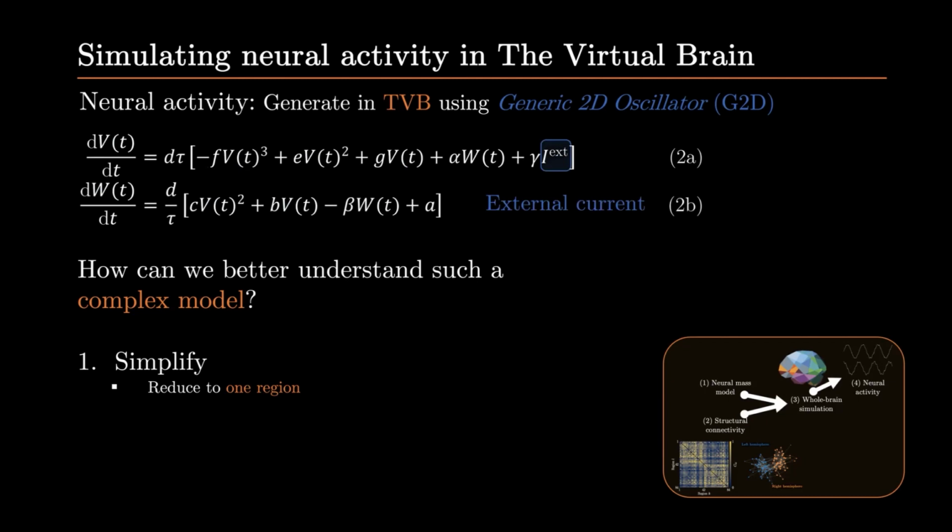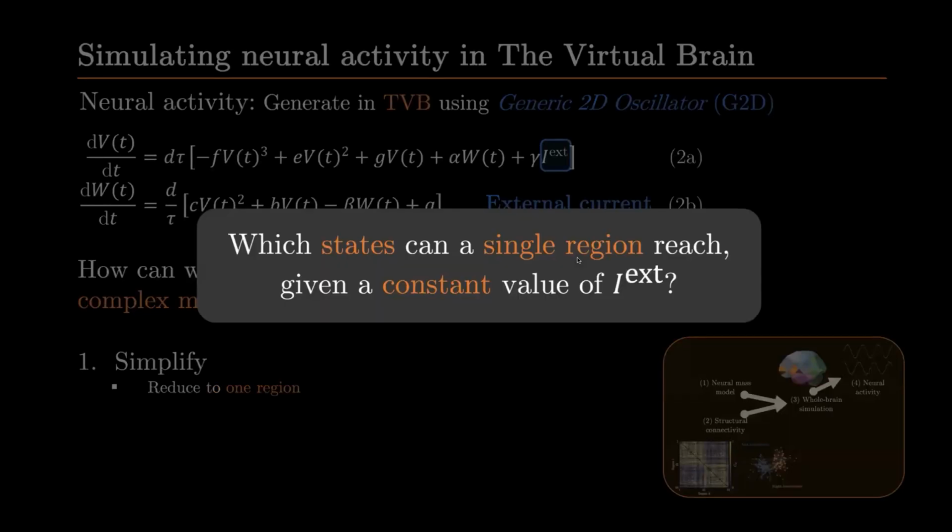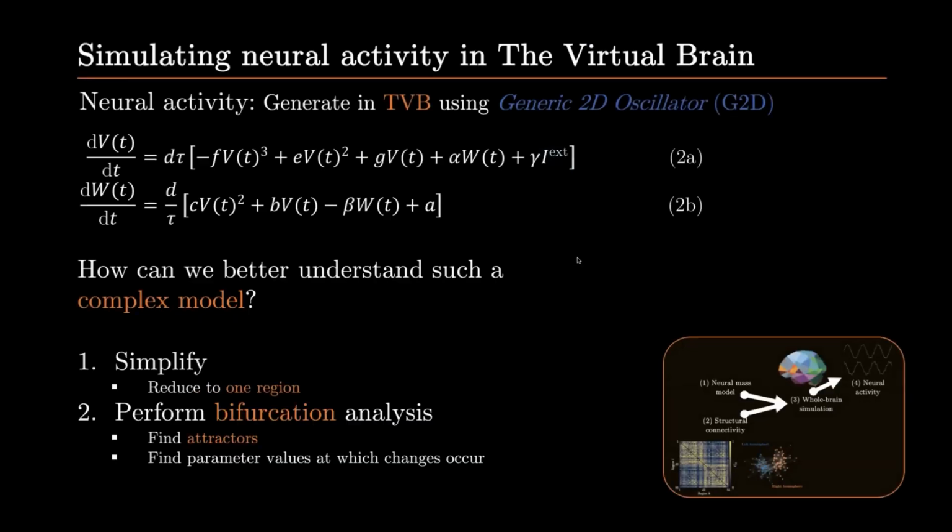And typically you will find a parameter like this in neural mass models. So there's one in the generic 2D oscillator, but there's also external current parameters in other models. And I posed the question, or we posed the question, which states can a single region reach given a constant value of this external current?